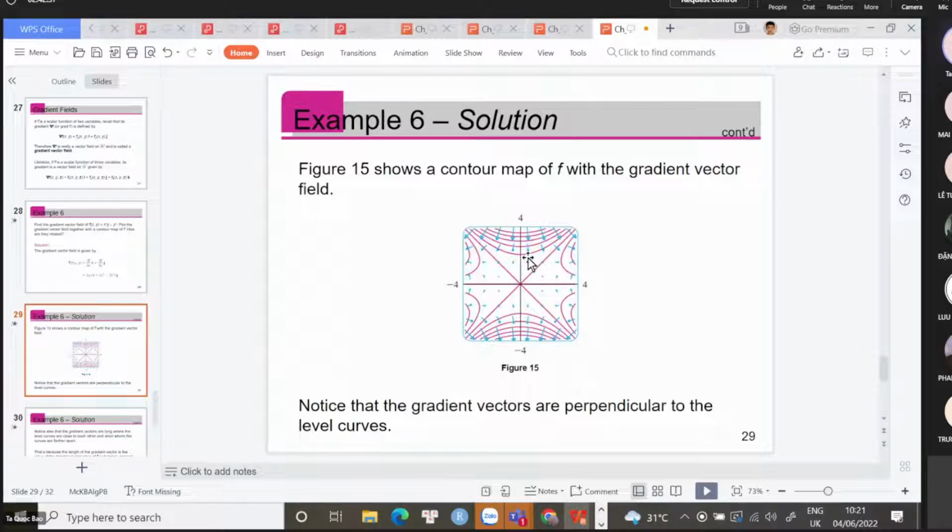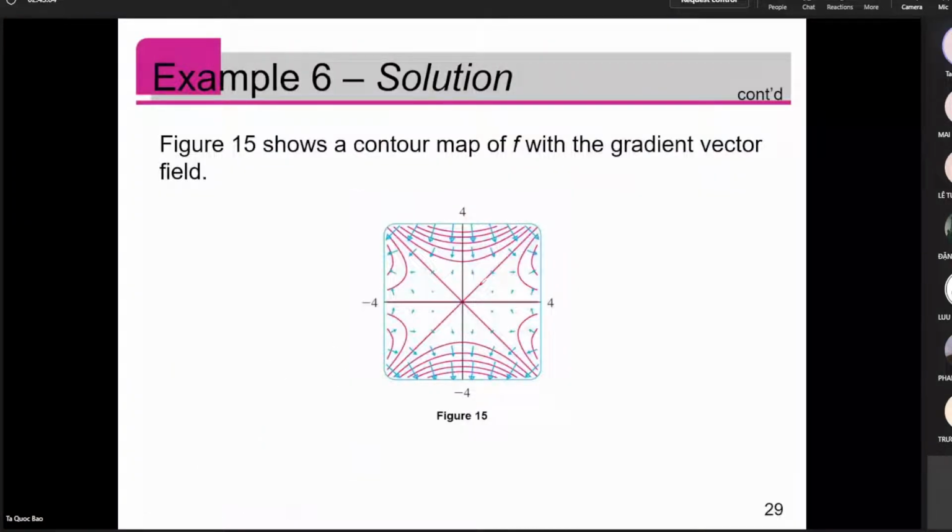And look here, you can see this is bigger. And you can see when we have a tangent here, the tangent of this curve, the gradient vector is orthogonal to the tangent at every point. Yeah.